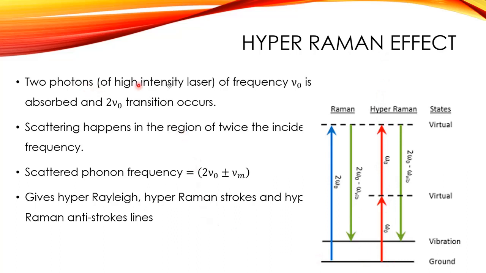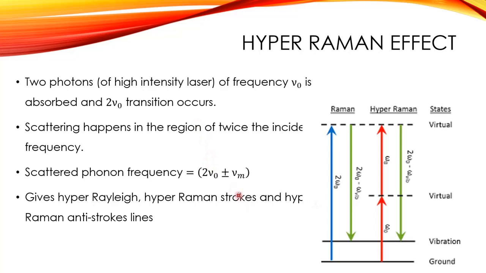Here the two photons of high intensity of a frequency nu 0 are absorbed and the 2 nu 0 transition occurs. When the incident radiation provides a sufficiently high density of photons, two photons of frequency nu 0 are simultaneously scattered to create a new photon of energy 2 nu 0, or a photon of frequency 2 nu 0 plus or minus nu m is observed.